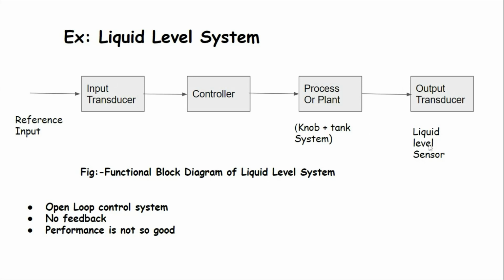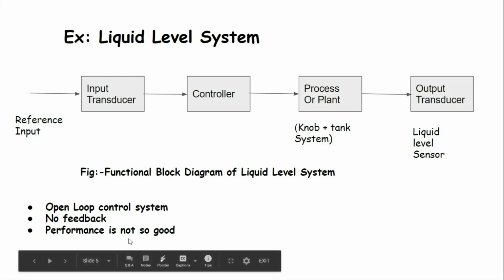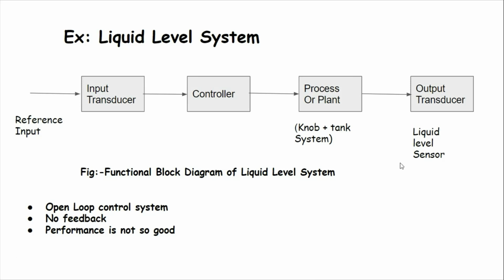So there is a difference between the desired level, that is 5, and the actual level, that is 3. So we conclude that the performance is not good for this control system.